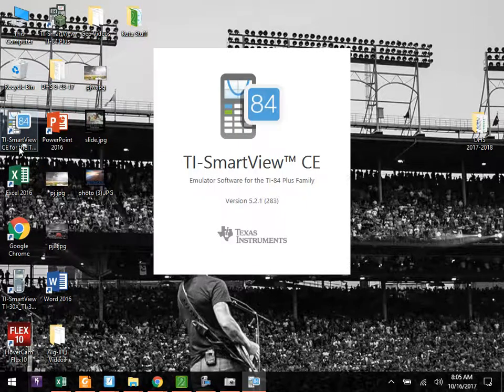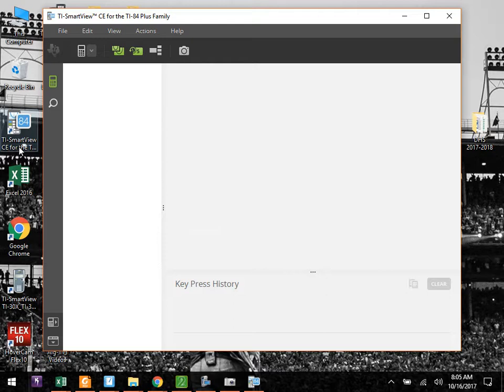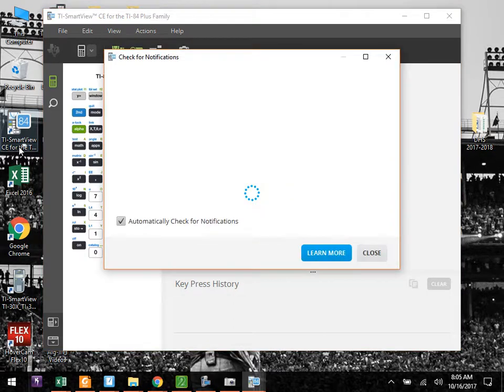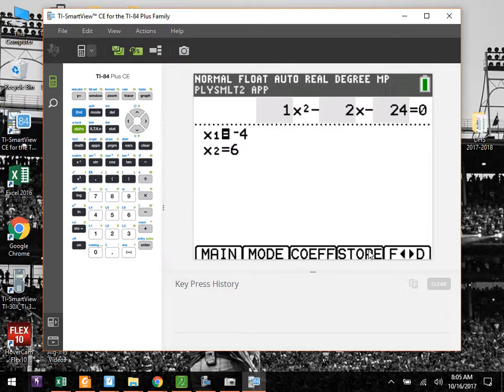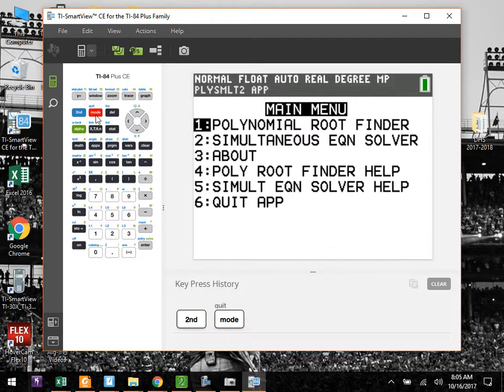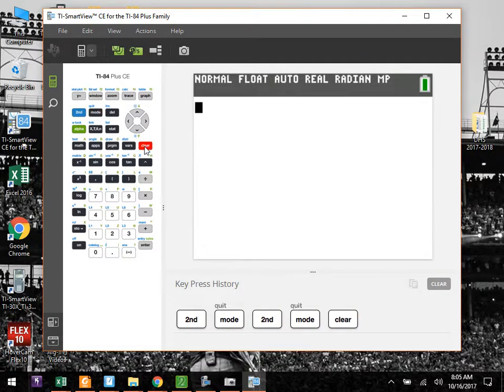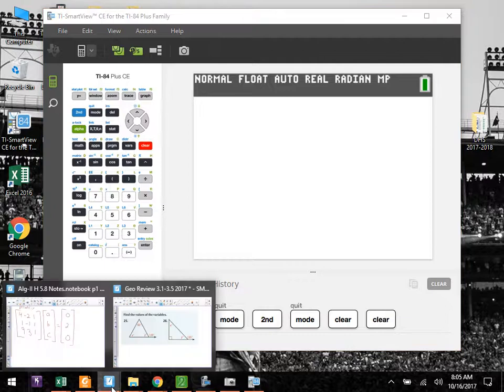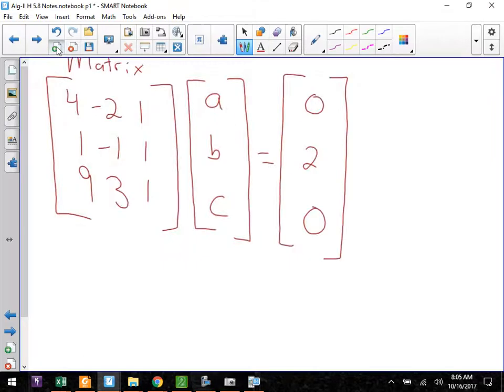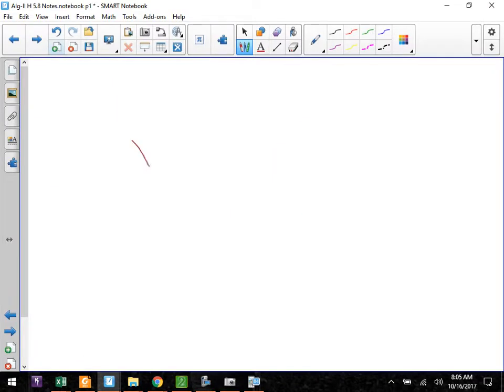Now, hold on. I want to show you guys a button that you might not know what it means. It's not the matrix button. Like we said earlier, the inverse of multiplying is division, and that's reciprocal.